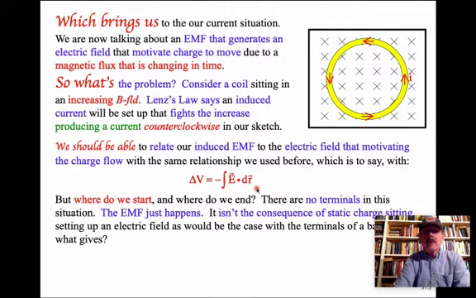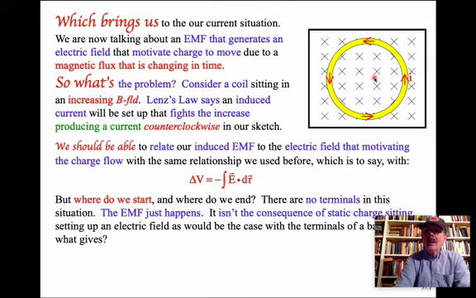Now, it turns out there's a perfectly good and reasonable explanation for why things aren't working out here. The electric field, or the forces involved when you have an EMF set up in this kind of context, generated by a changing magnetic flux, are not conservative.